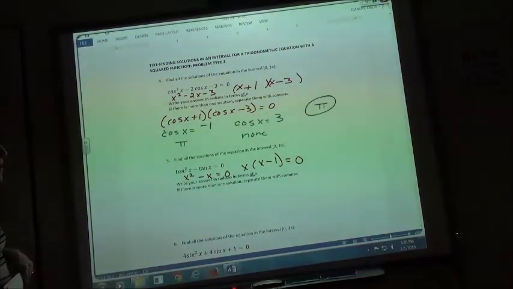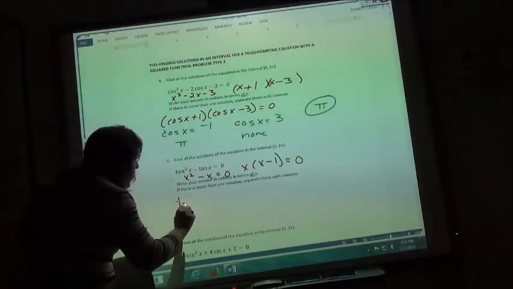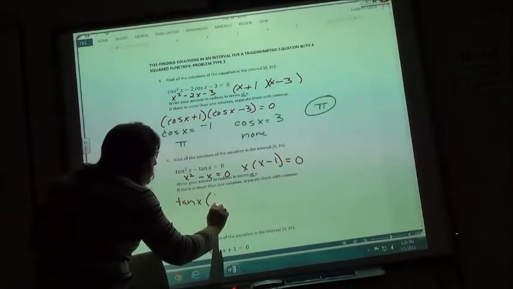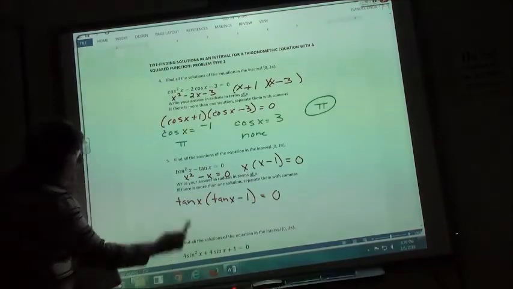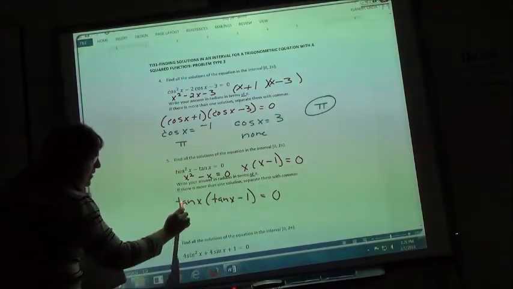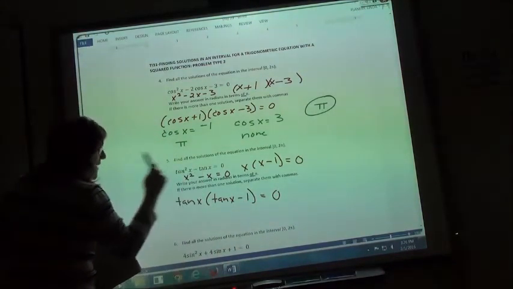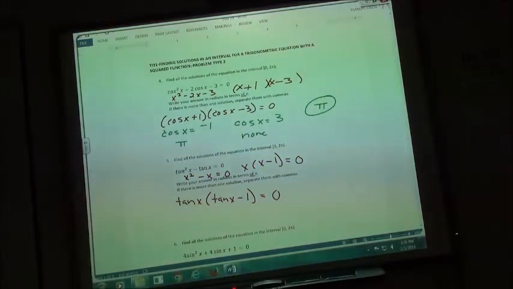So replacing my x's with the word tangent, I would have the tangent of x times tangent of x minus 1 equals 0. So if I took this times this, I get this. This times that, I get that. And so it checks out that if I multiply it out, it's what I originally started with.